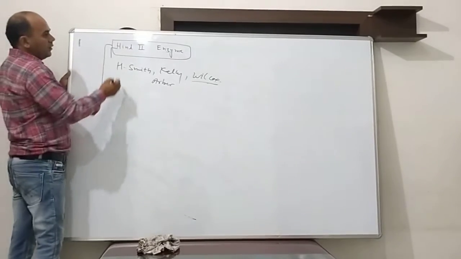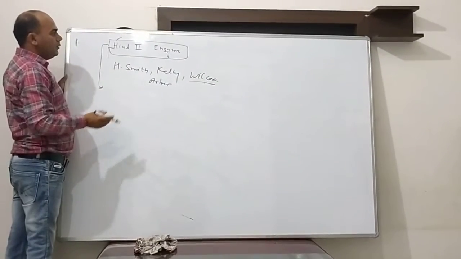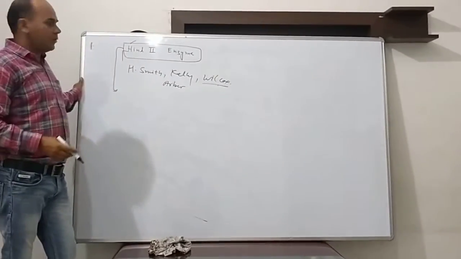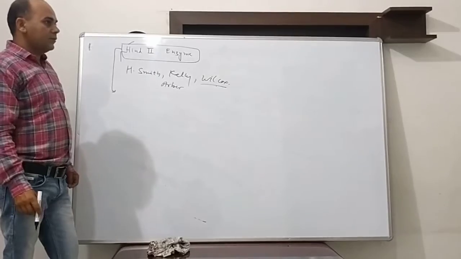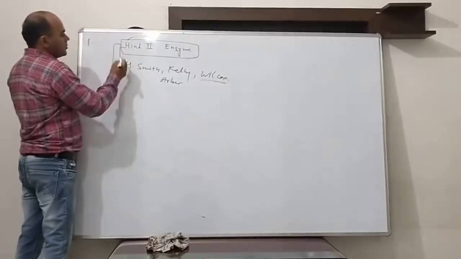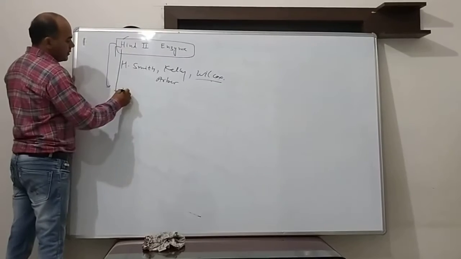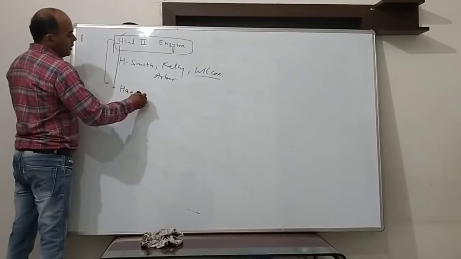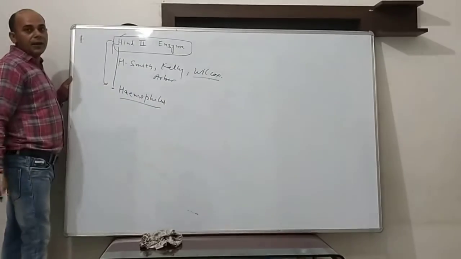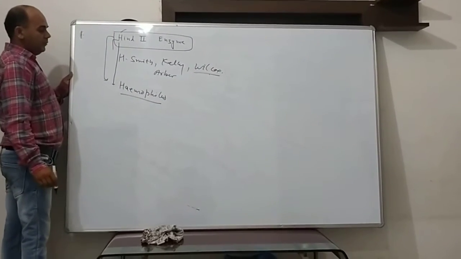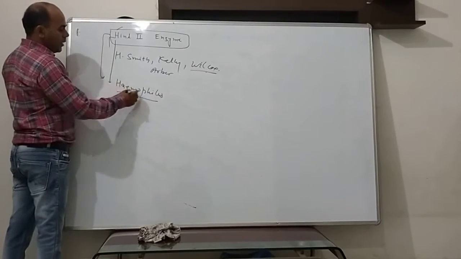What does the word H indicate here? How is the naming of this enzyme given by these biotechnologists, these scientists? The word H is taken from Haemophilus, the name of the bacteria called Haemophilus.